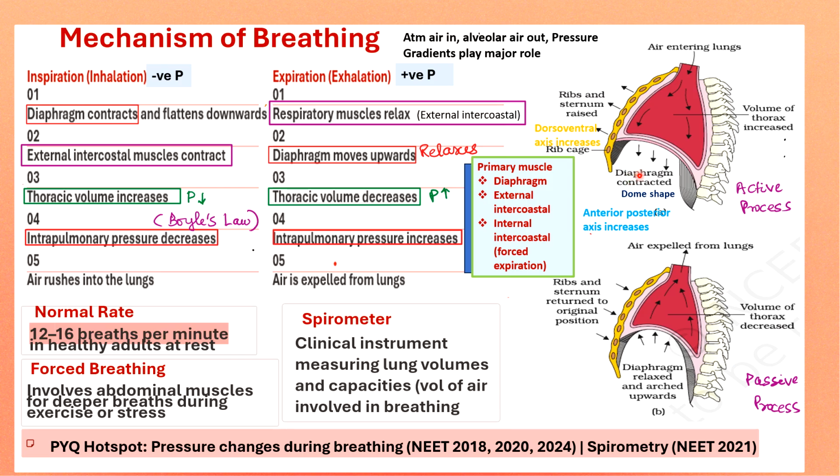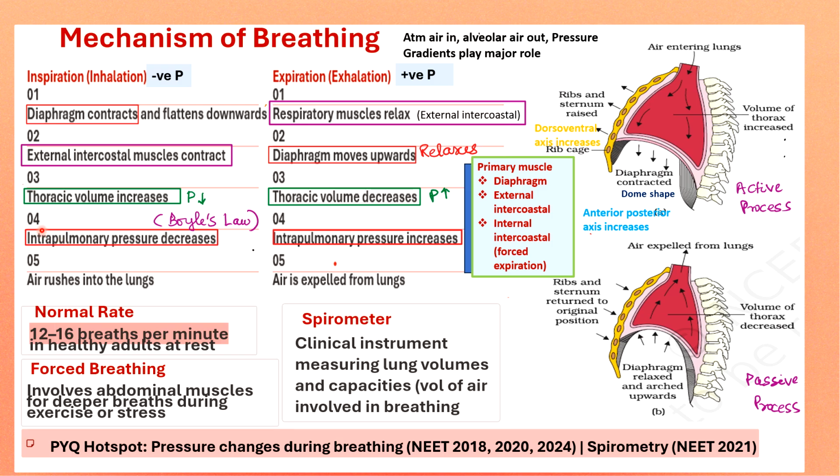When you breathe in, you feel your diaphragm go downwards and flatten, and this increases the anterior-posterior length. Then the external intercostal muscles in the ribs contract, due to which the length along the dorsoventral axis increases. Because of the combined effect of diaphragm contraction and external intercostal contraction, the overall volume of the thoracic cavity increases.